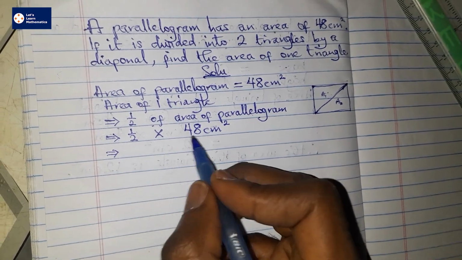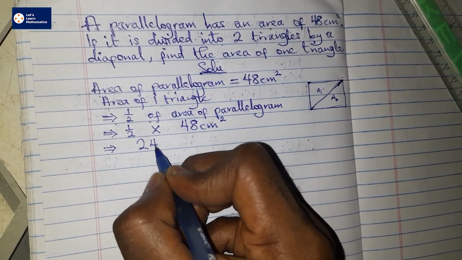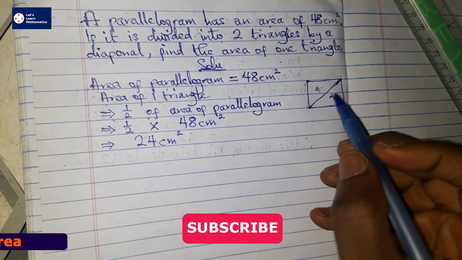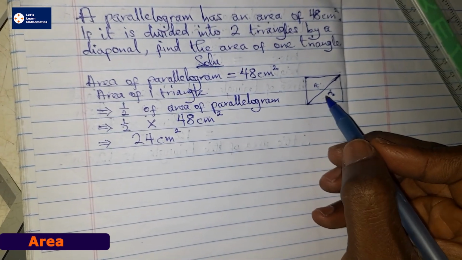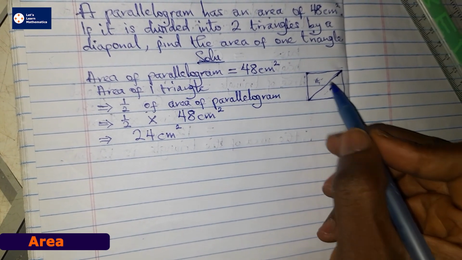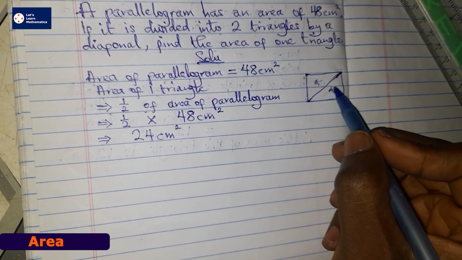If I have half of 48, I'm going to get 24 centimeters squared. So it means that one triangle will be 24 centimeters squared, and the two of them will give the area of the total parallelogram.